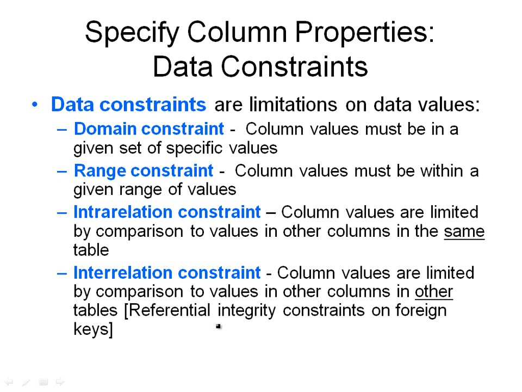For the intra-relation constraints, the column values are limited by comparison to values in other columns in the same table. You cannot have values that are different from one place to another. You can do the same if you have two tables, and you can compare two columns or different columns in two tables and make sure that they are the same.